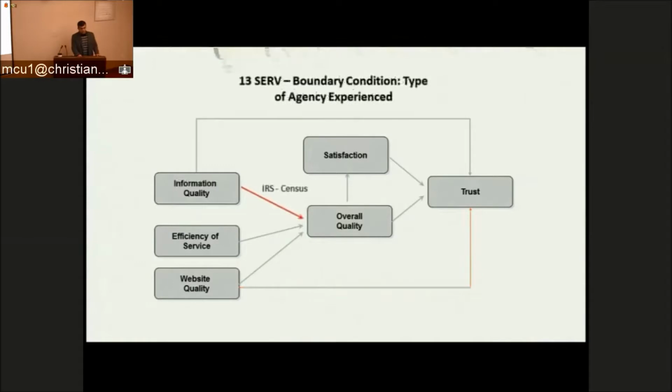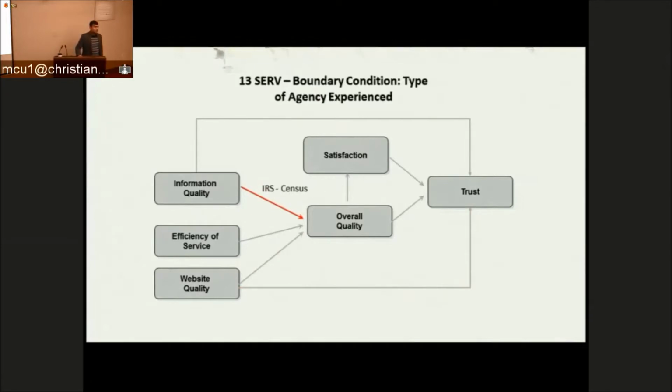The other thing that we looked at was the type of agency that you experience, whether you are looking at the IRS website, census, or Social Security. One of the things that we found was that the information quality to overall quality link was different for IRS and census, and Social Security and census.